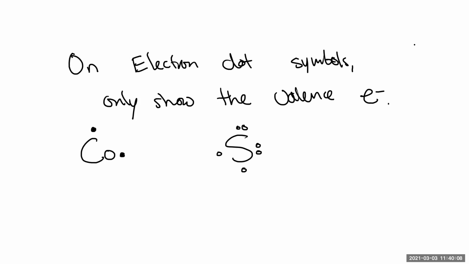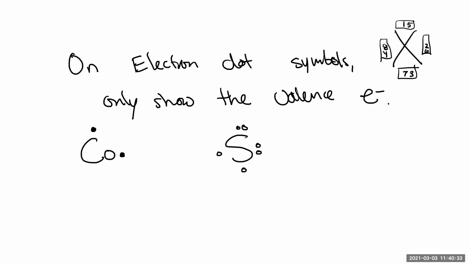In general, if we have some element X, we pretend that there's an orbital on each side and fill accordingly. So it would go something like 1, 2, 3, 4, 5, 6, 7, or 8, depending on the number of electrons we have.